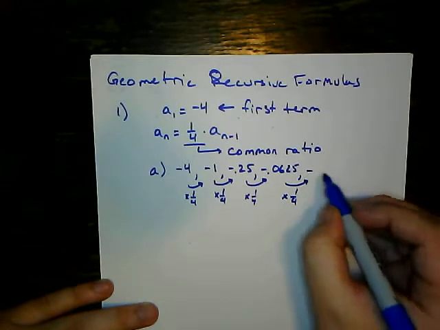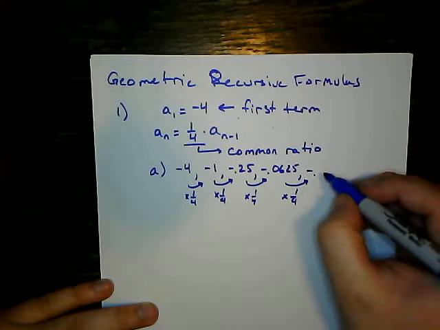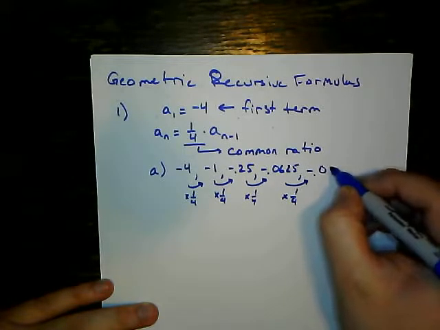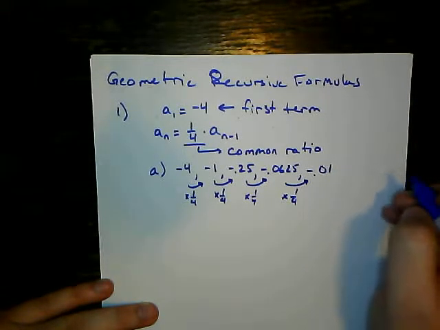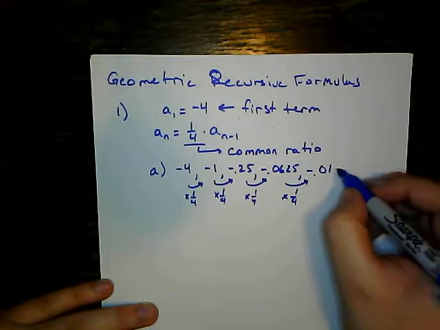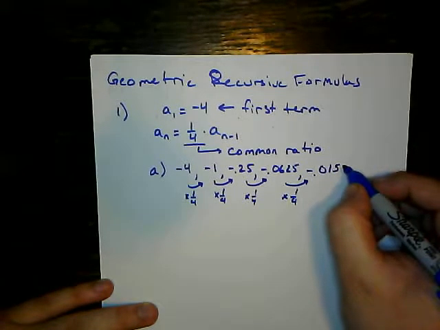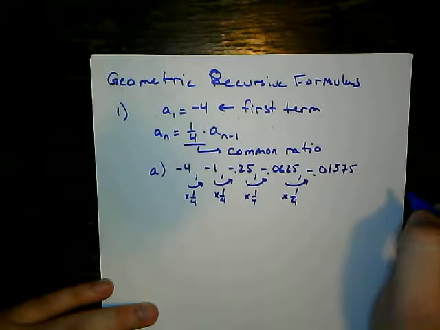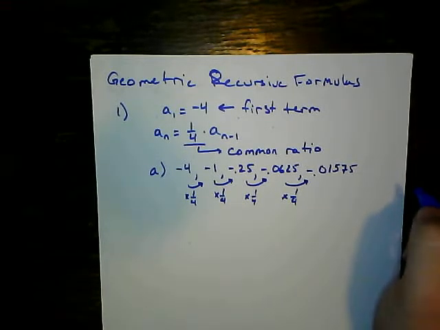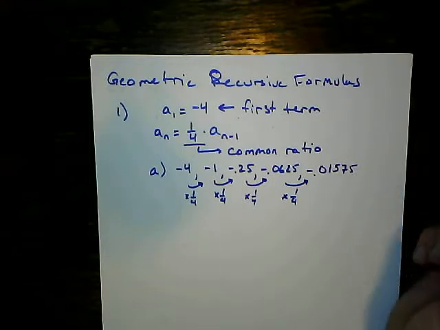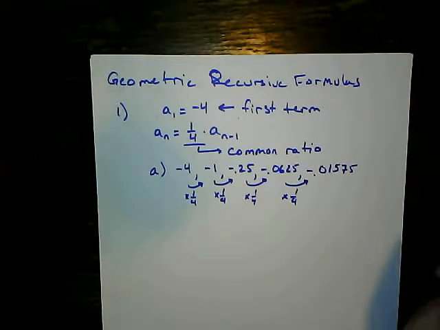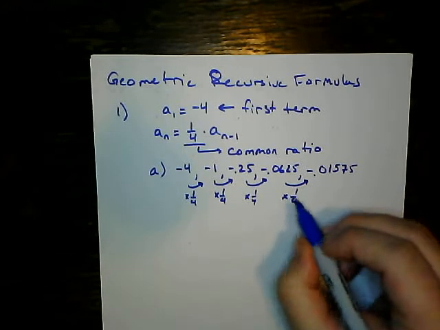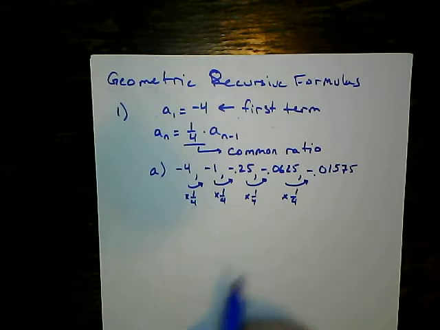We'll be negative still, -0.015625. I think so. It's approximately that. I have to get my calculator out, but we won't worry about that. So what we're doing there is we're just multiplying by 1/4 each time.